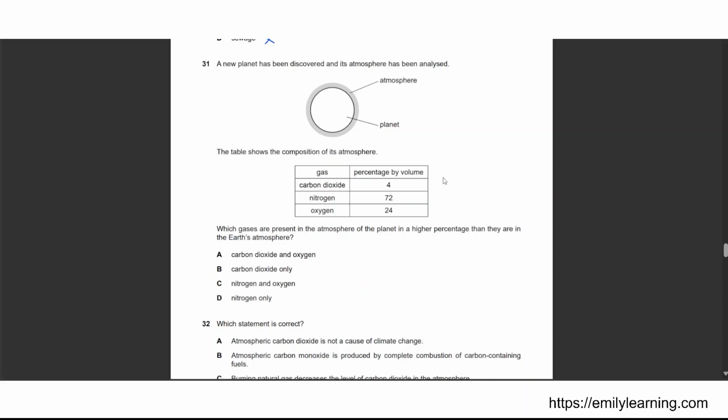On Earth, we have less than 1% carbon dioxide, around 20% oxygen, and around 79% nitrogen. So the ones that are in higher percentage are oxygen and carbon dioxide, which is A.